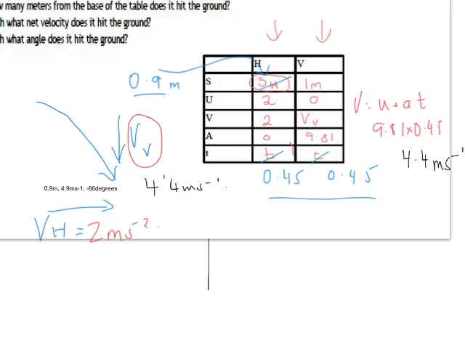So what we have to do is find the resultant final velocity. You remember this was a vector. Like this. So we're going to use Pythagoras to find our final value.